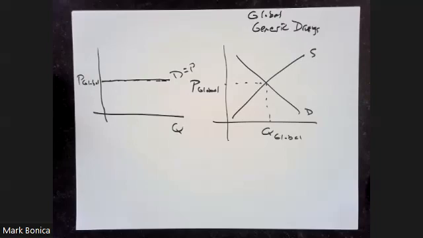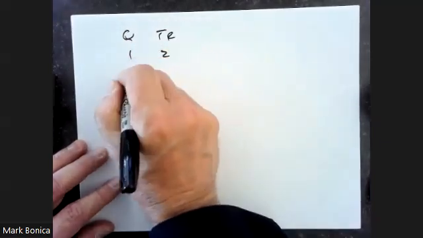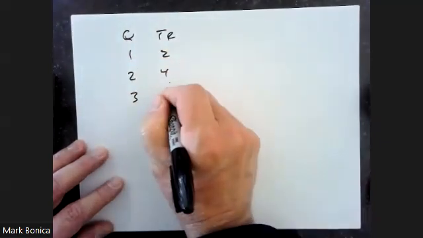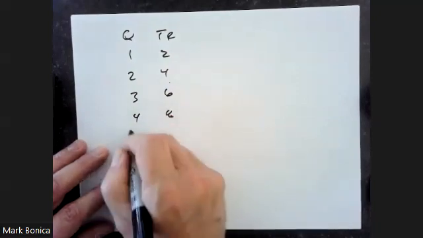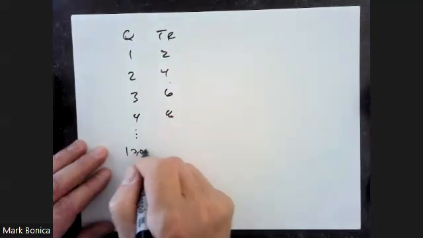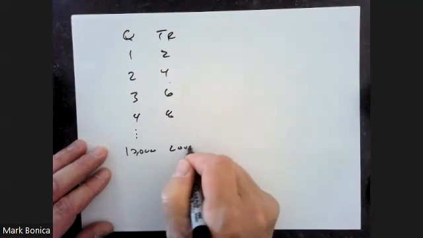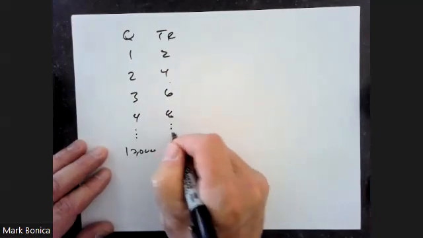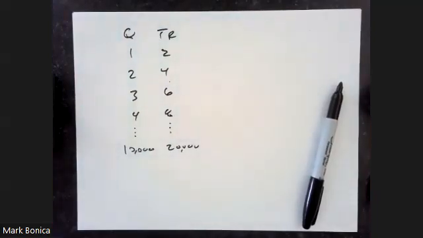So if I can sell 1 and I get 2, 2 and I get 4, 3 and I get 6, 4 and I get 8, ... 10,000 and I get 20,000. What is my marginal revenue?